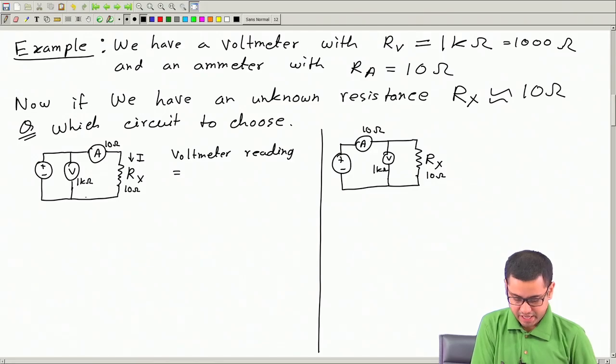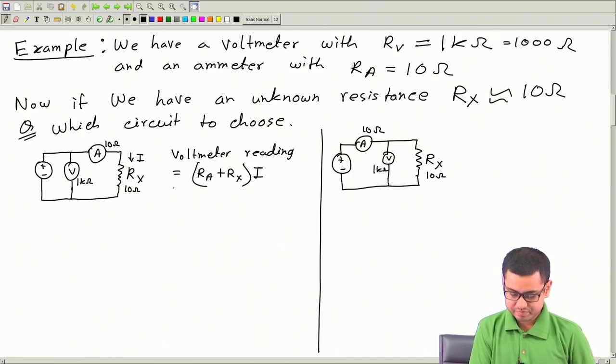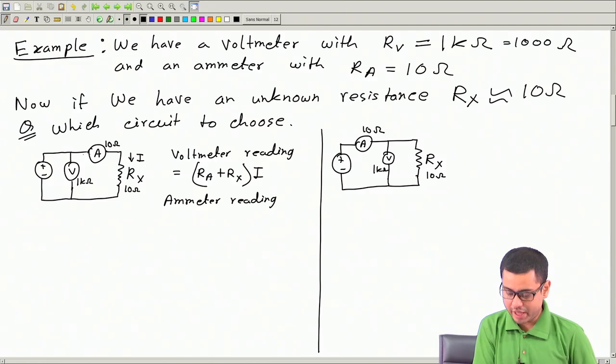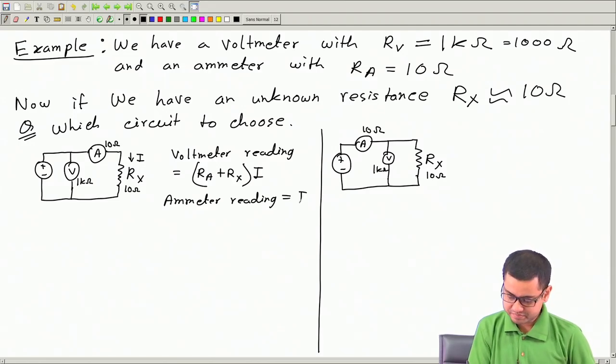That means ammeter and resistance in series. So this will be Ra plus Rx whole multiplied by I. Okay, so this will be the voltmeter reading, and the ammeter reading is the same as the current that flows through the ammeter, so that will be I.